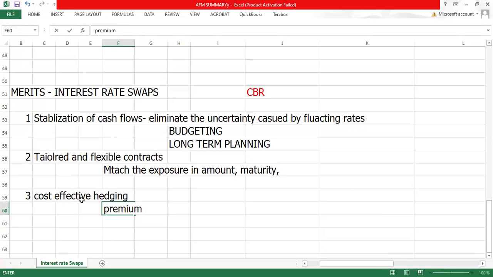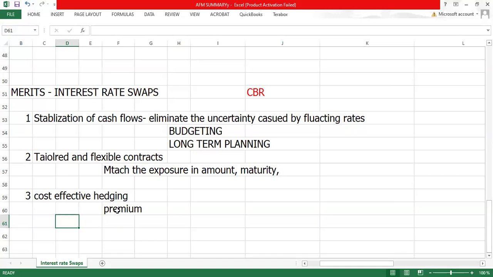So what does that one mean? It will allow even these small companies to hedge without immediate cash outflow. Okay, or the initial cost that we pay when we are using swap.